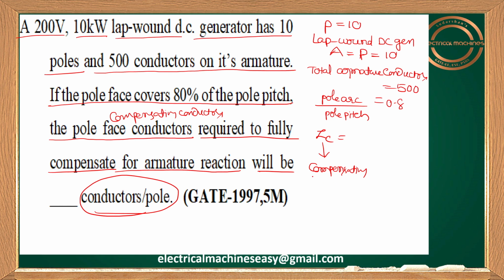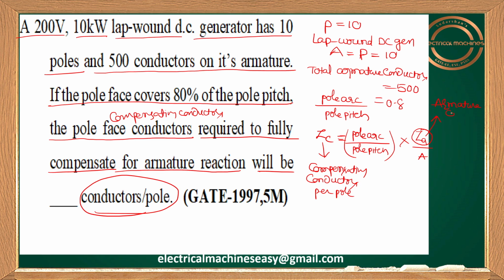Compensating conductors, or pole face conductors per pole, is equal to, I think I had given you the formula, try to remember that: pole arc by pole pitch into ZA by A. Be careful, ZA I had given you as nomenclature: armature conductors per pole.